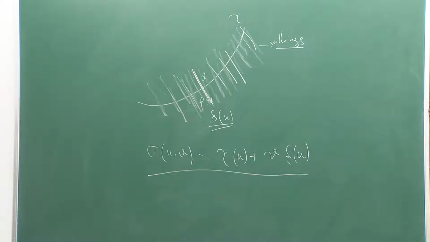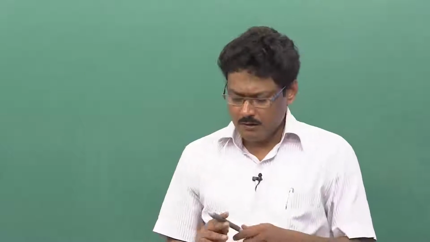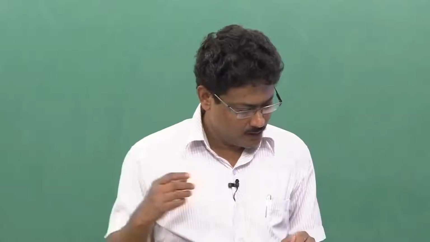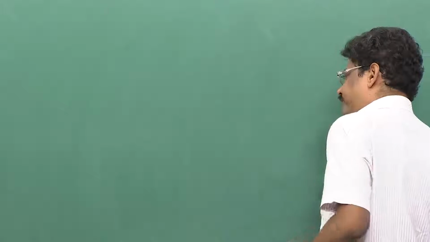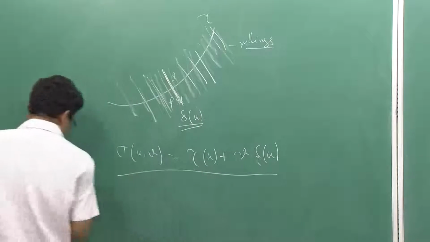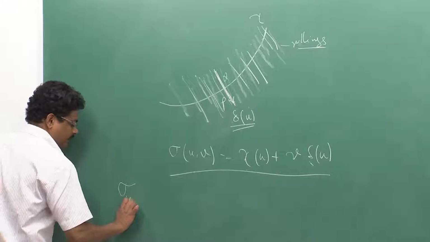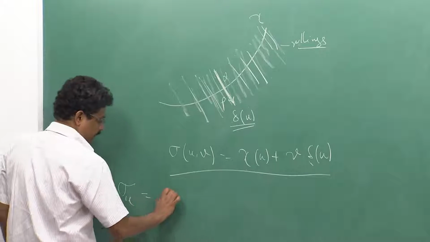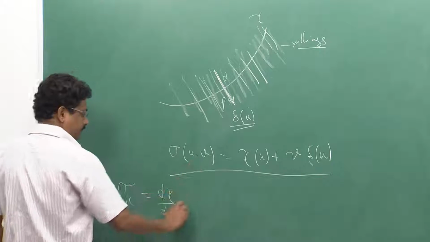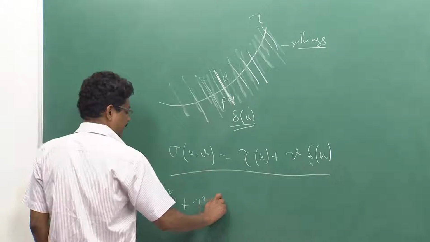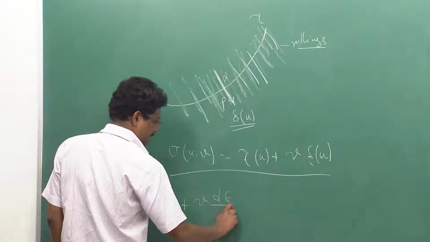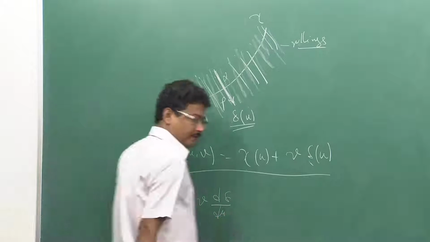The thing is that when it is regular, okay, for the regularity condition, let us see. So, what do we need? Sigma u is d gamma du plus v into d delta du, correct?